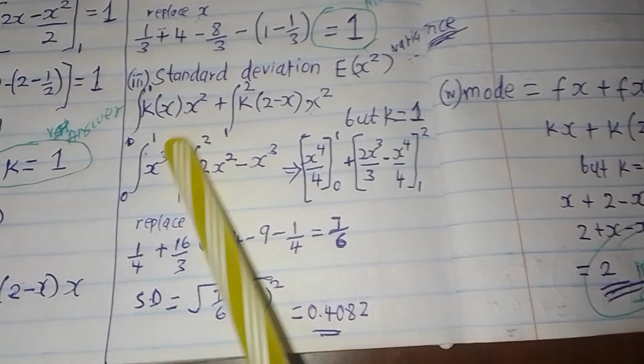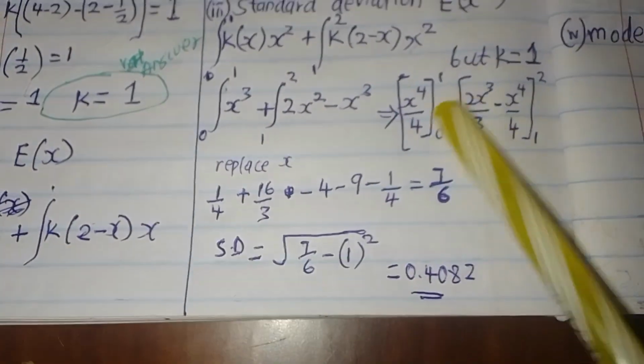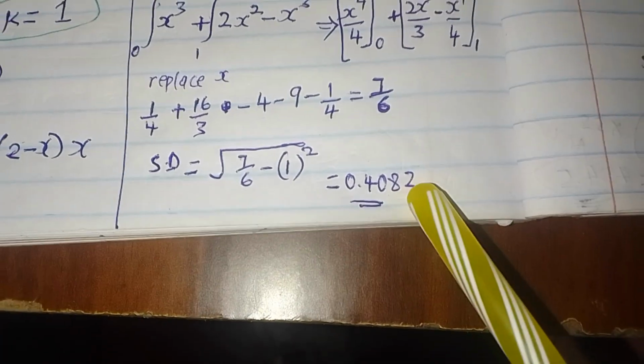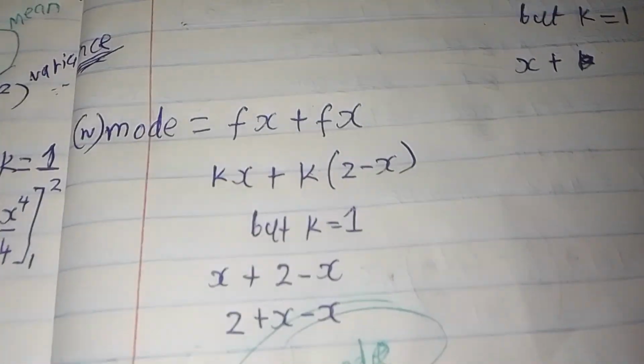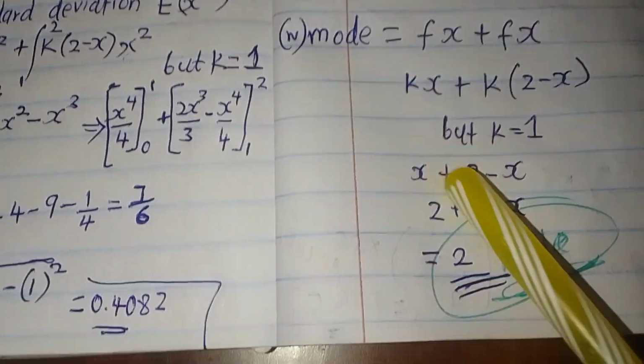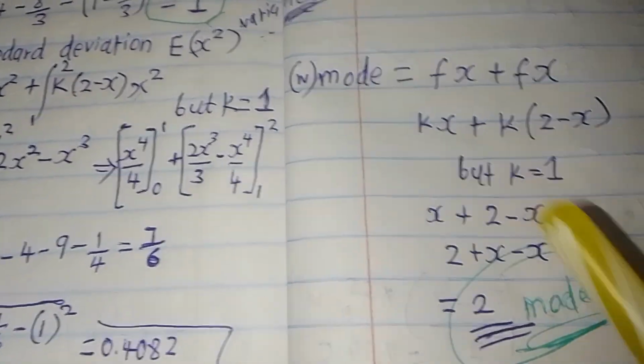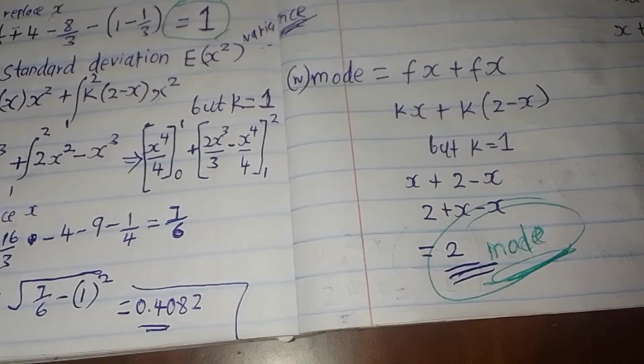After the integration, found the standard deviation, then we went to find the mode. So the mode is 2, so that's the end.